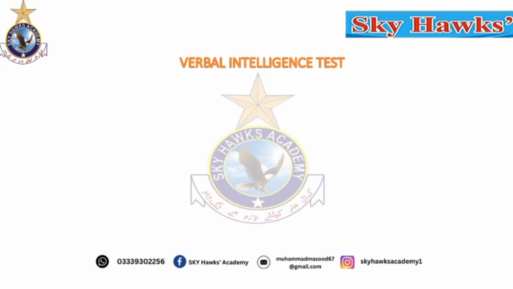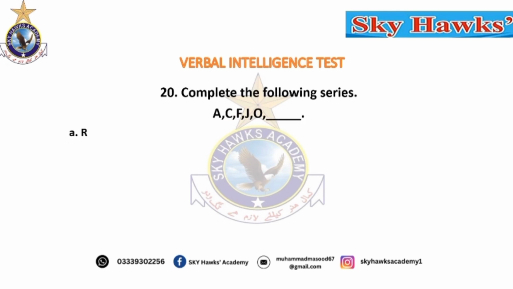Next question is, complete the following series. The series we have with us is A, C, F, J, O. Options we have are R, S, T and U. Now you have to find out the relationship between the letters, right? If we look closely, we can see that each subsequent letter is increasing in alphabetical order, but with a pattern of adding a certain number of letters each time.